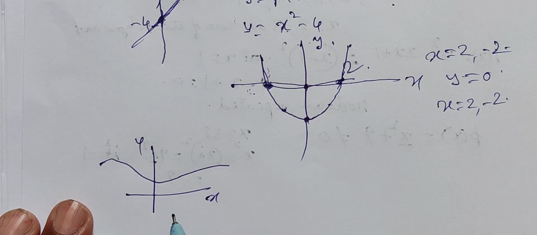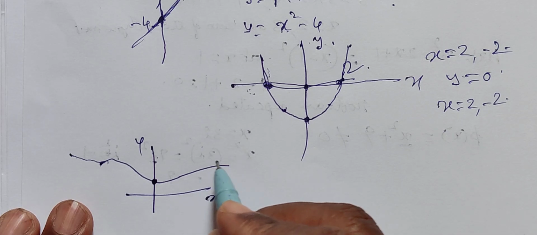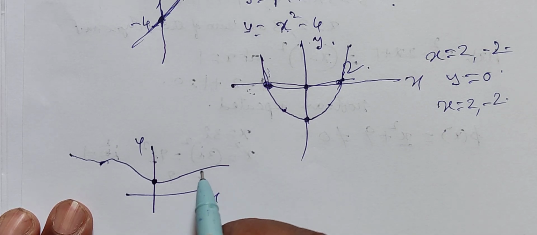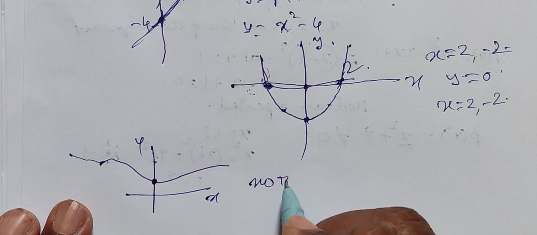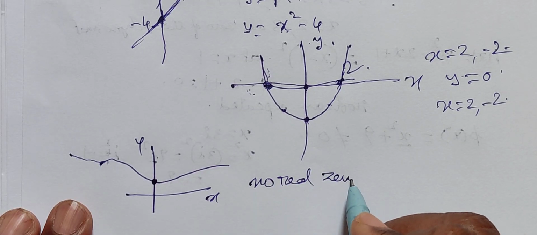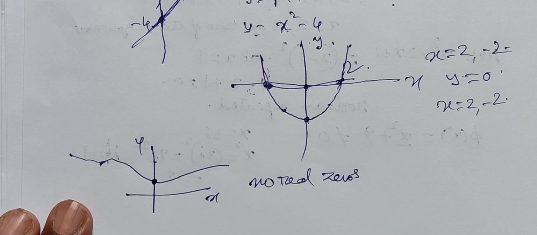For how many values of x is this y becoming 0? Y is never 0. Y is something here. It may be 1 or half or something, but not 0. So for none of the values is y becoming 0. That means if there is some equation for this particular graph, this has no real zeros.